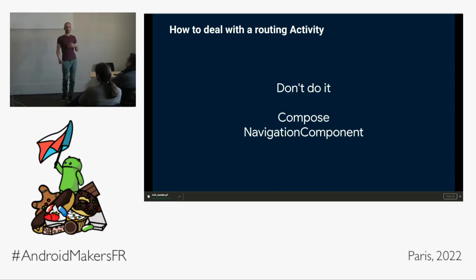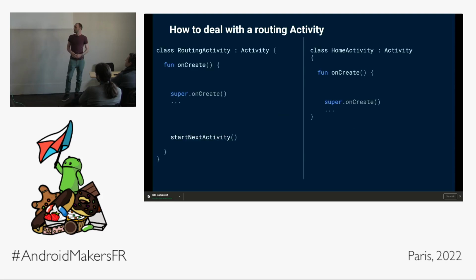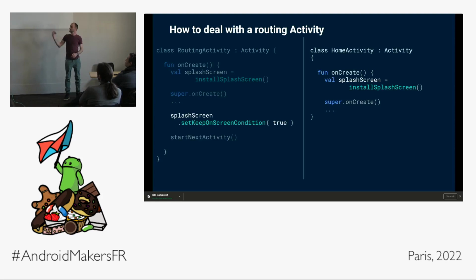You might have a login activity, you might have an authentication activity. So before migrating to a single activity pattern, the way you could do that is to set the keep-on-screen condition to true and not change it. Whenever you start your next activity, you handle every splash screen related thing in your next activity.